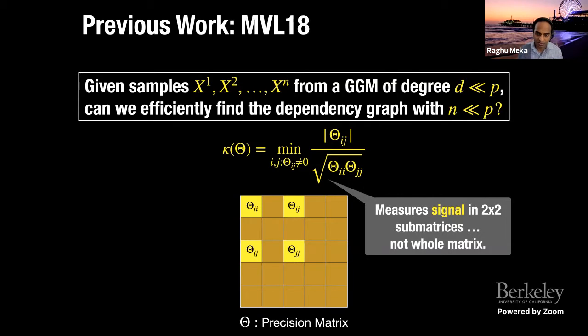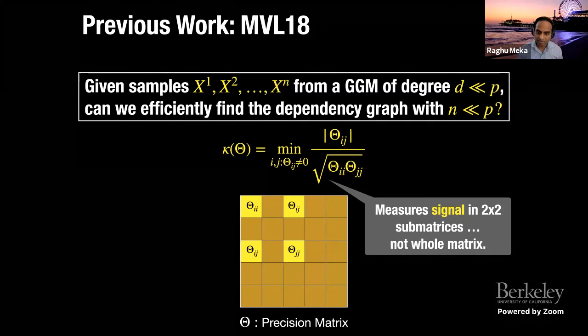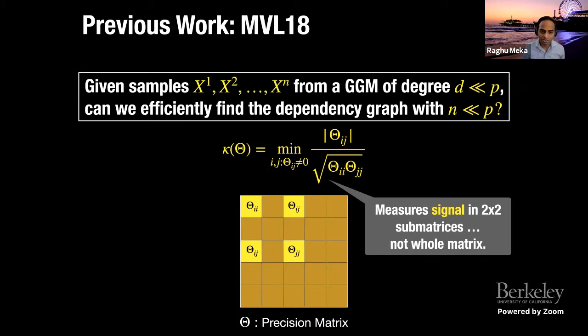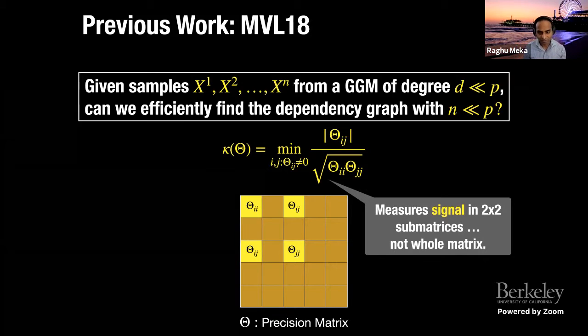So in some sense, this ratio theta_ij divided by the square root of theta_ii times theta_jj measures the signal in just the 2 by 2 matrices corresponding to the edges. You're not looking at the whole matrix, just 2 by 2 submatrices. So this could be much bigger and nicer than what happens when you look at the whole condition number of the matrix.